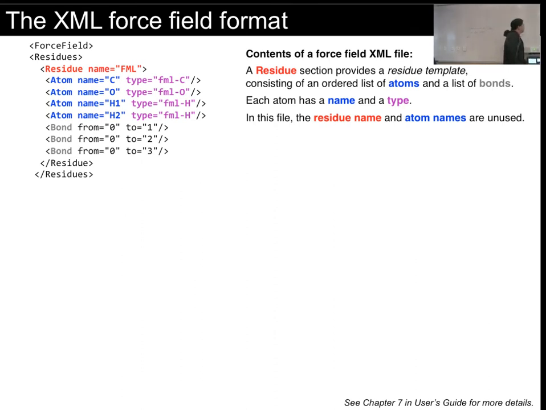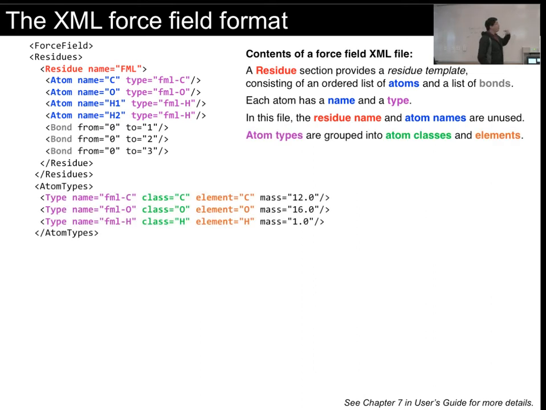Finally, you specify a list of bonds, where every bond connects two atoms, and that's why the ordering of the atoms matters. Because if I order the atoms wrong, then the bonds will be wrong. Now let's look at the next section. This specifies the atom types, and in force fields, there's always a bit of a bureaucracy when it comes to how to categorize atoms.